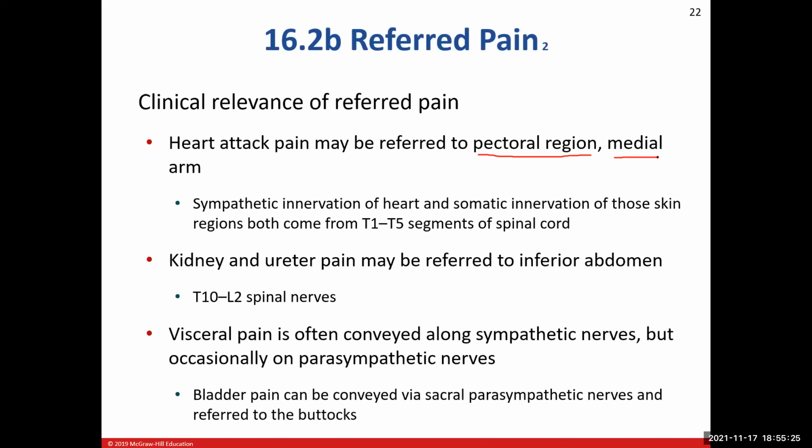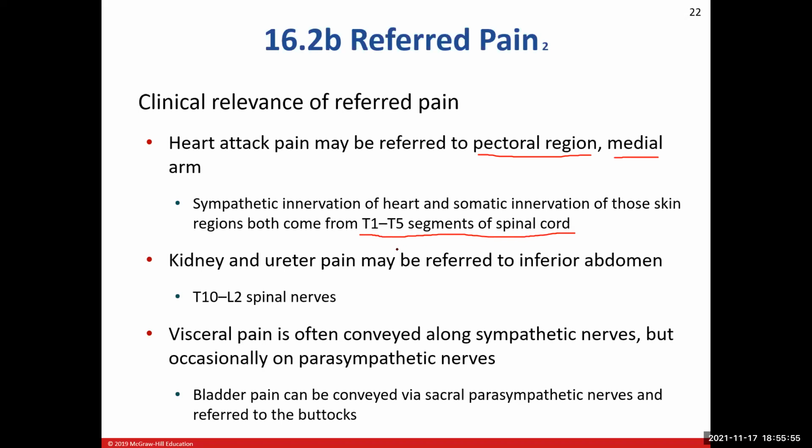And the reason why that is, is because the skin in those areas and the nerves that innervate the heart share the same pathway, the T1 through T5 segments of the spinal cord. Both of those share the same innervation. So when you're having a heart attack, you'll feel that.